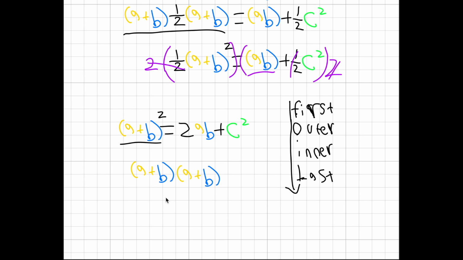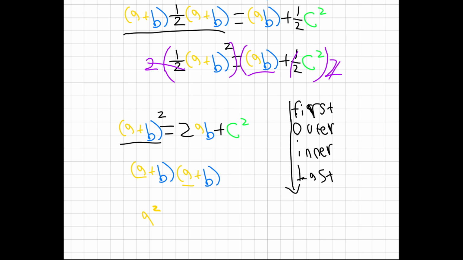So now we're going to use FOIL. FOIL stands for first. So first, we are going to multiply the first. So a squared. And then the outer, a times b is ab.